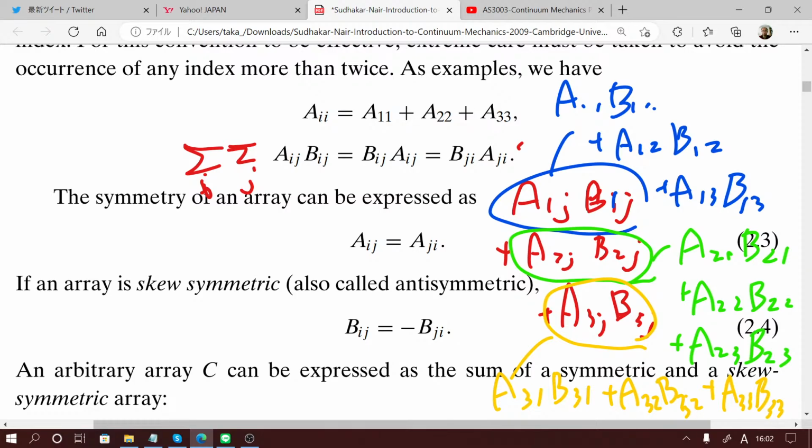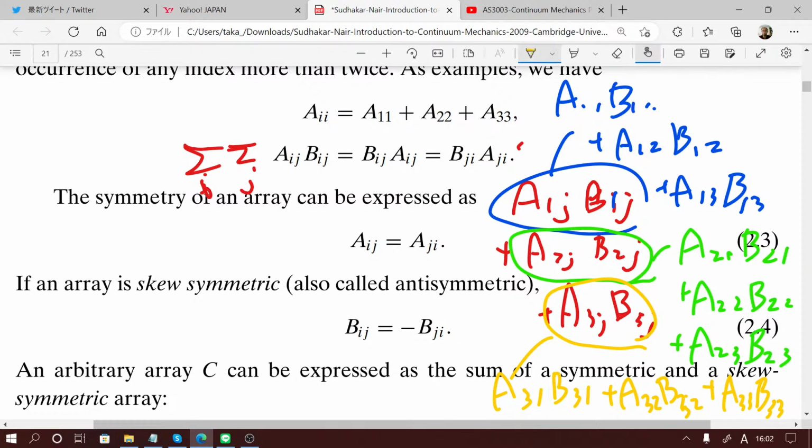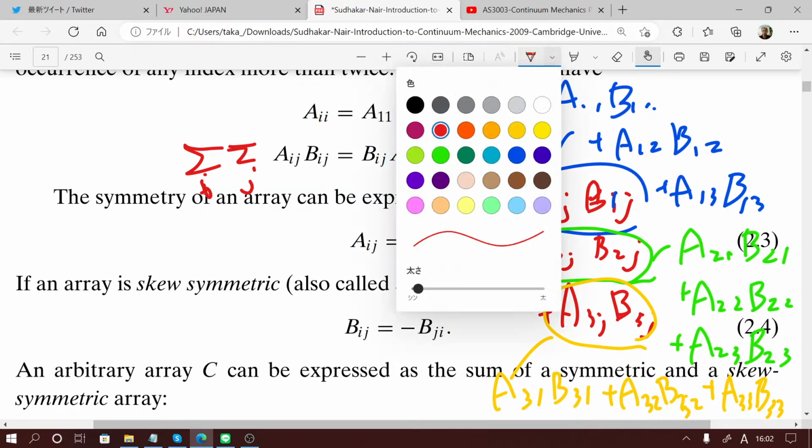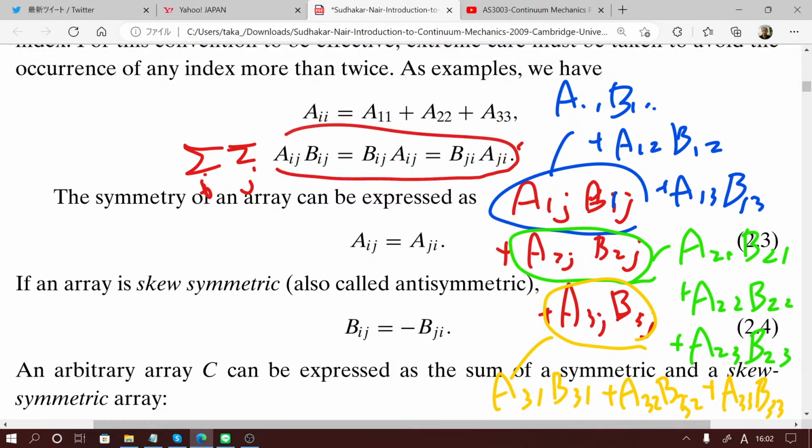This is the meaning for this. This means this one plus this one plus this one plus this one.